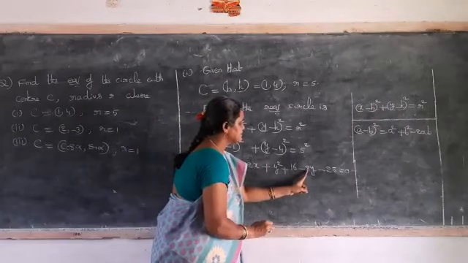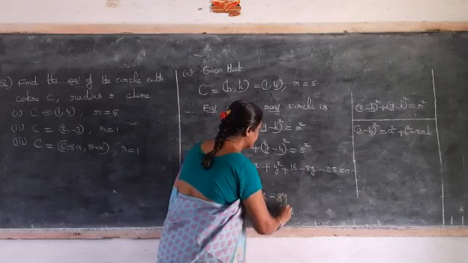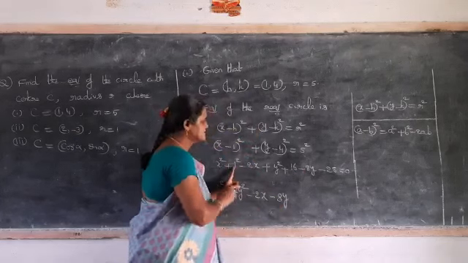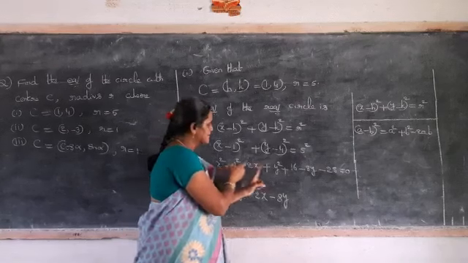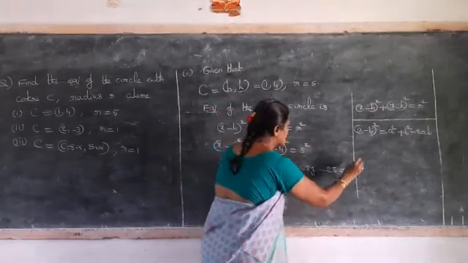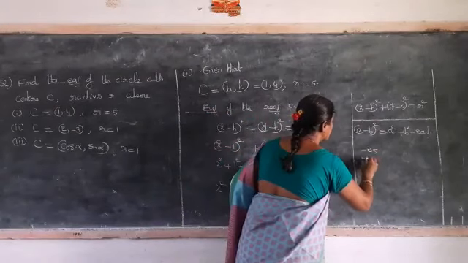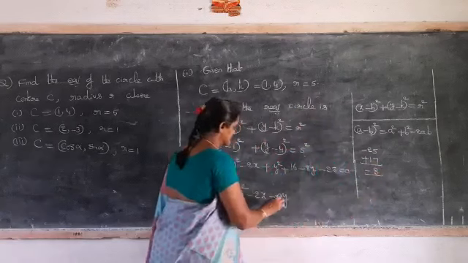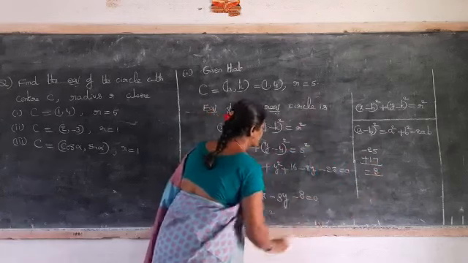Next we write y term, minus 8y. Next we write constant, plus 1 square, that is 1, plus 16, 17. 17 minus 25, minus 25 plus 17, that is minus 8. So minus 8 is equal to 0.